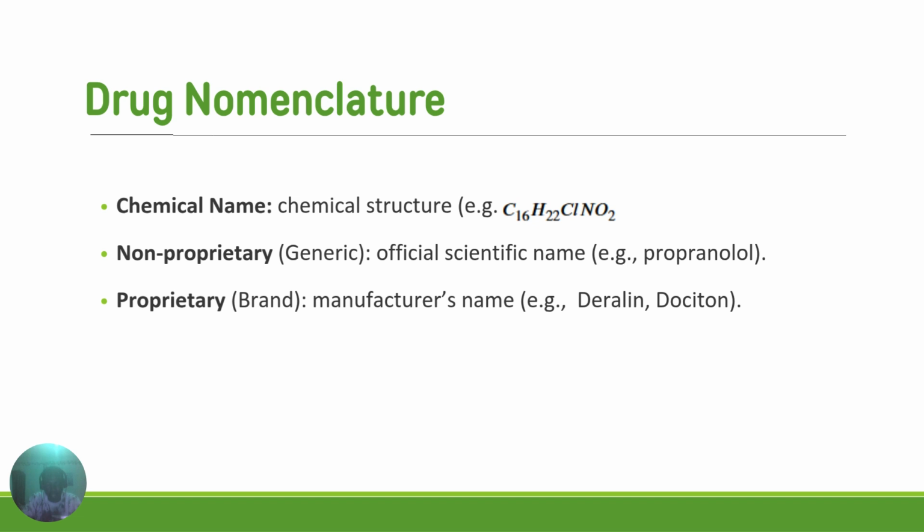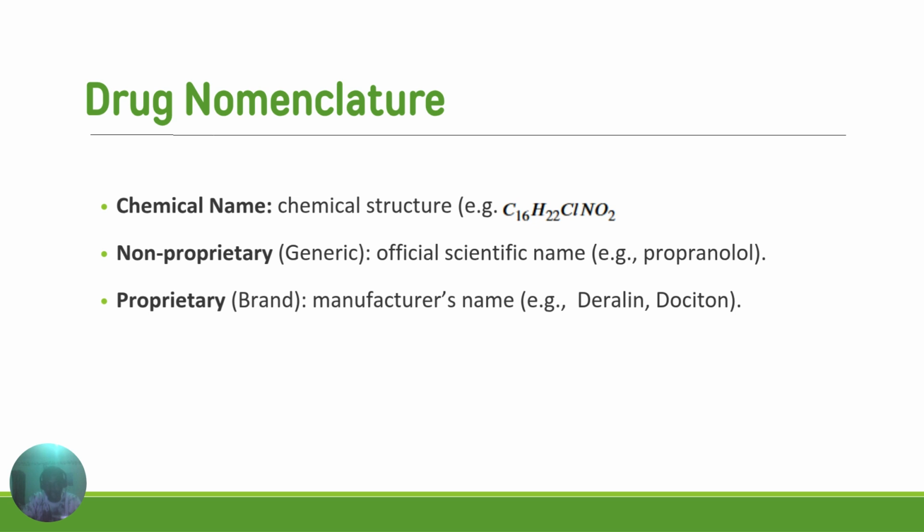Another category of the name is the generic name, which is also known as non-proprietary name. In other words, this is a scientific name that is official and it's being recognized in many parts of the world for a certain drug. The last one is the brand name or proprietary name.